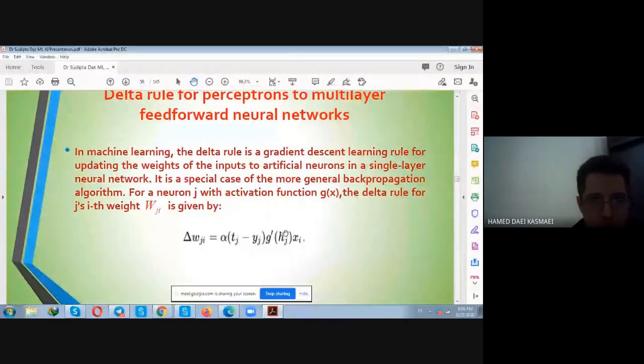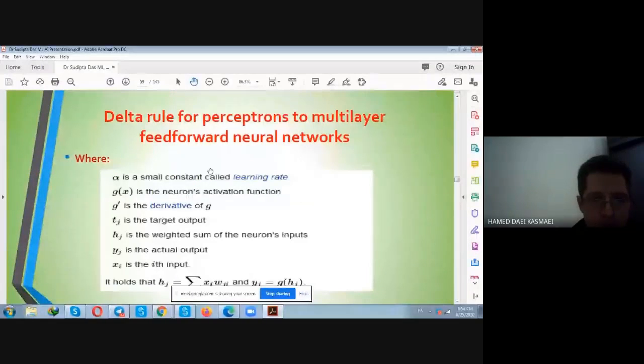So we will go further into the delta rule for perceptrons here, where alpha is a small constant called the learning rate. g(x) is the neuron's activation function. g prime is the derivative of g. t_j is the target output. h_j is the weighted sum of the neuron's input. y_j is the actual output, and x_i is the ith input.